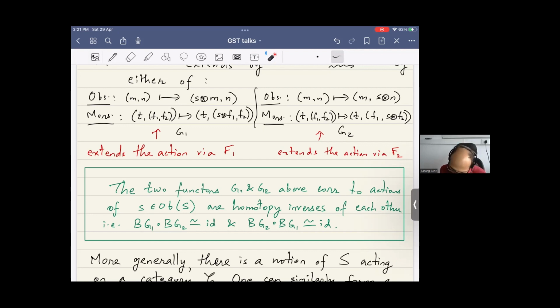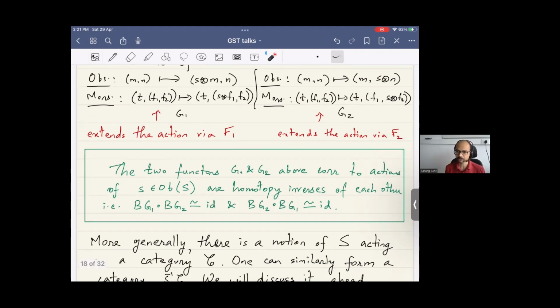And the main point is that these two functors are homotopy inverses of each other. Which means that if you look at BG1 composed with BG2, that's homotopic to the identity, and BG2 composed with BG1 is again homotopic to the identity, when you go to the classifying spaces. So in some sense, the action of S is now inverted when you go to S inverse S. When we had our good old monoids, you attach inverses.